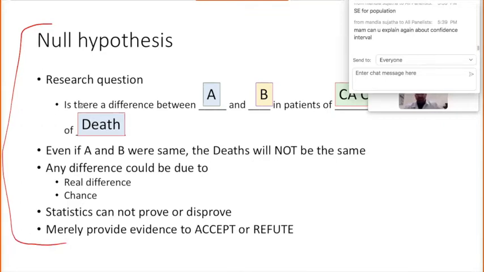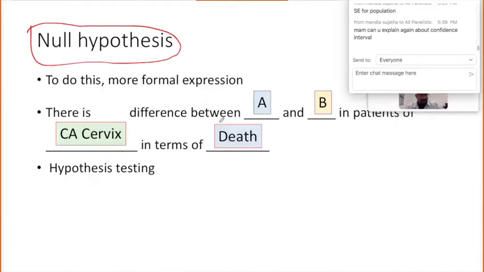So if you are clear that our research question was, is there a difference between A and B in patients of carcinoma cervix in terms of death, let's convert this into a null hypothesis. Again, no rocket science, absolutely simple. The null hypothesis will state that there is no difference between A and B in patients of carcinoma cervix in terms of death. That's all.